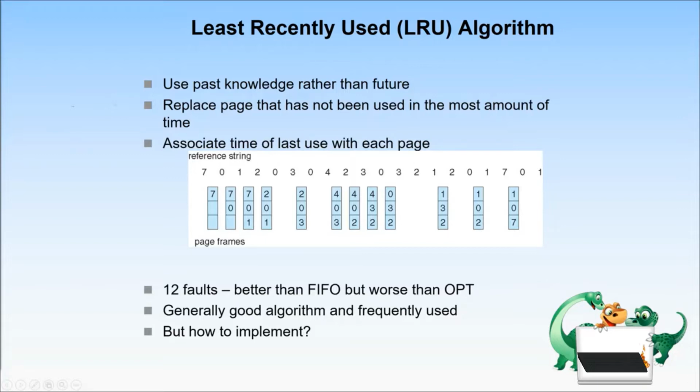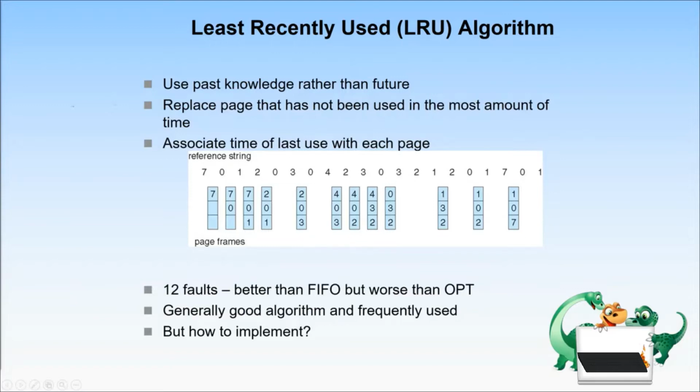Again, initially all these frames are empty, so we place 7, 0, and 1. When there is no free frame, we have to choose the victim. This is the opposite of optimal, wherein you refer to the previous pages.